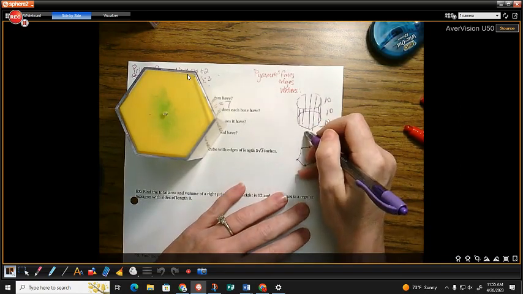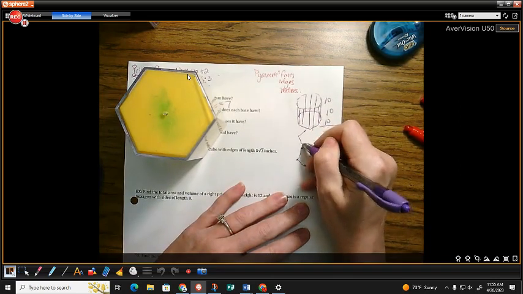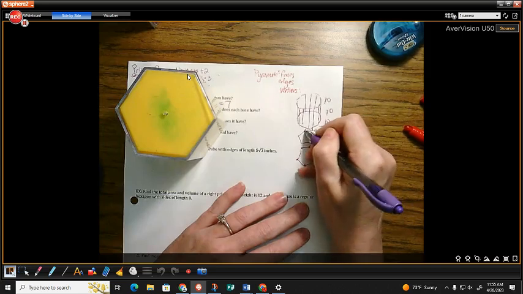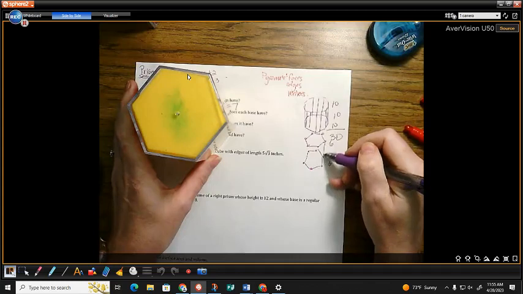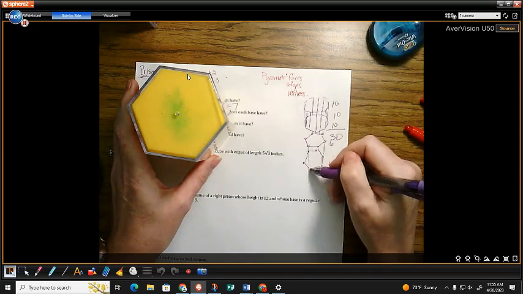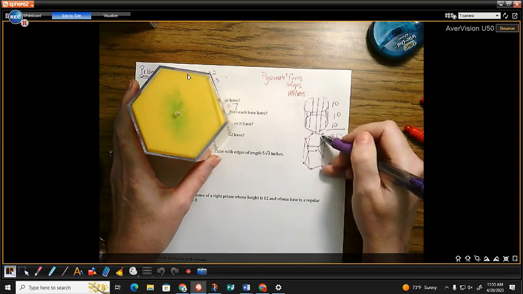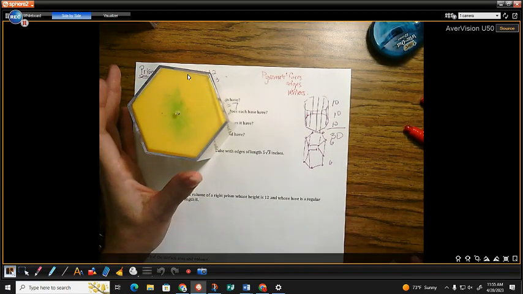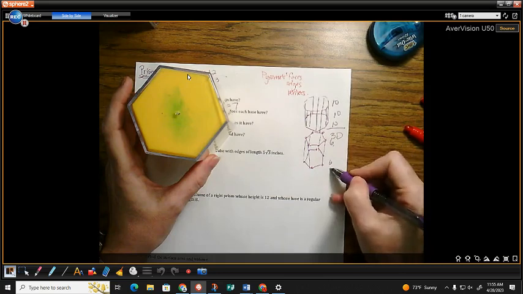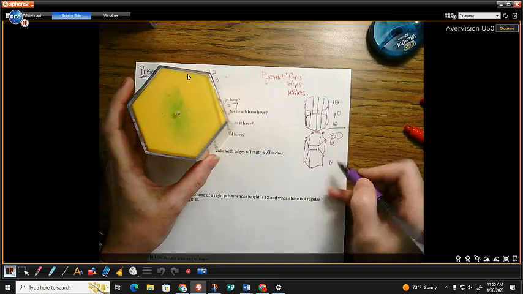And how many will there be at the top? 6. So I've got 6 and 6. Connecting them, does that make new vertices? No, it was just connecting vertices that were already there. So how many times did I use my base number of sides here? 2. Just 2.